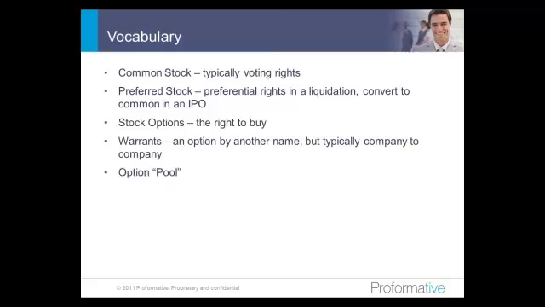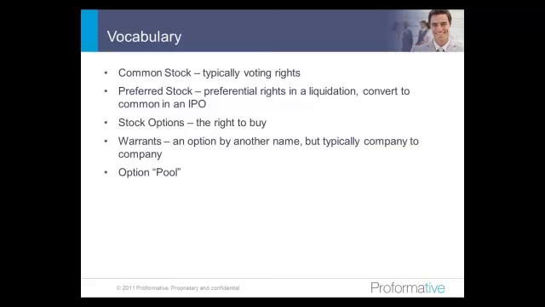An option pool. What is a stock option pool? These options could be shares, and they need to be created by a board of directors, and they need to be accounted for. The way they're created is that companies will typically create what we call an option pool. If you know that you're going to hire 100 people in the next year, and the average grant is going to be 1,000 shares of stock, you need to create a pool of option shares of 100,000 shares.